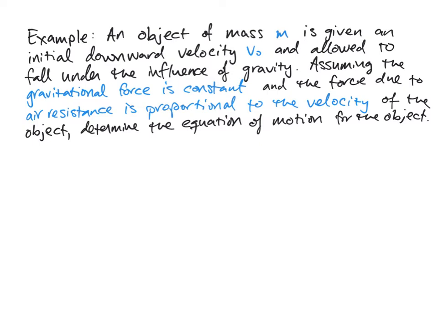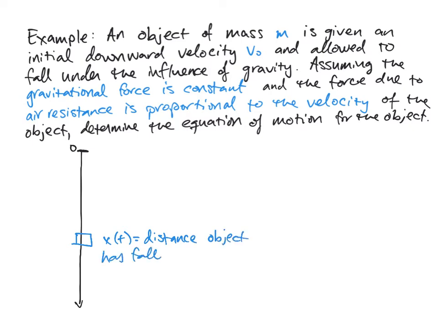So let's suppose that we start off at the origin and we have our object here, and we're going to say x(t) is the distance the object has fallen at time t, which is to say that x(0) equals 0.